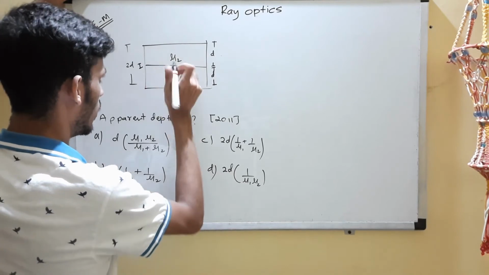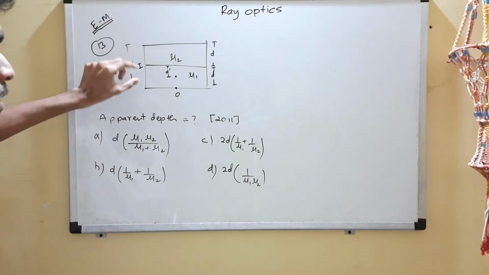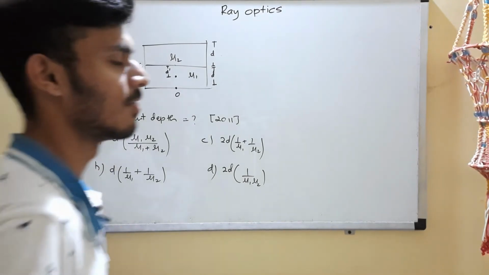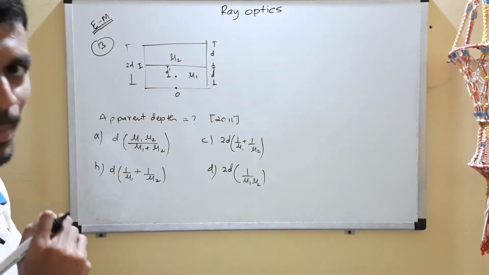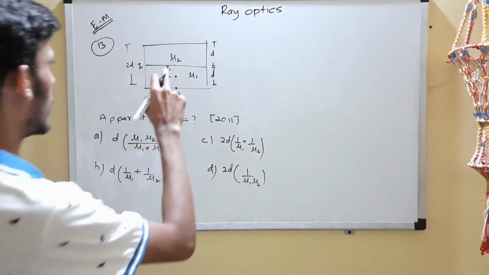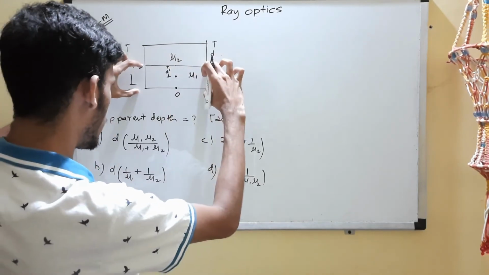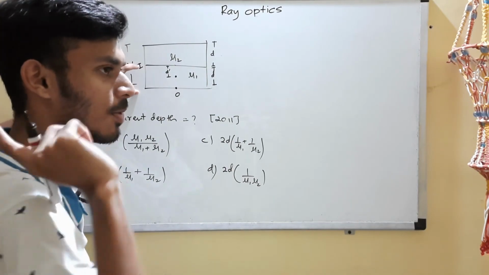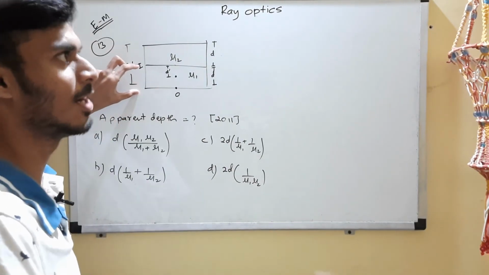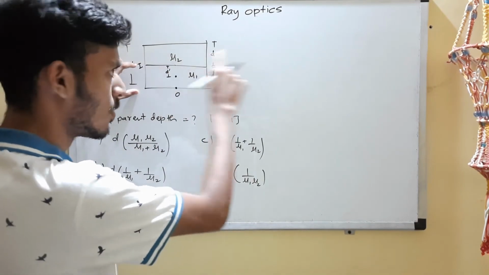So this is nothing but the apparent depth, wherein we are seeing the first surface only. We also have to go for the second surface and then combine it. So for the first one it is d dash, and the actual depth from the surface is d. You measure actual depth and apparent depth from the surface. The surface that we are considering over here is this one.